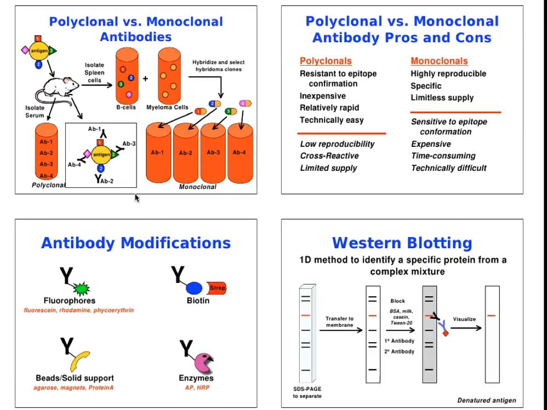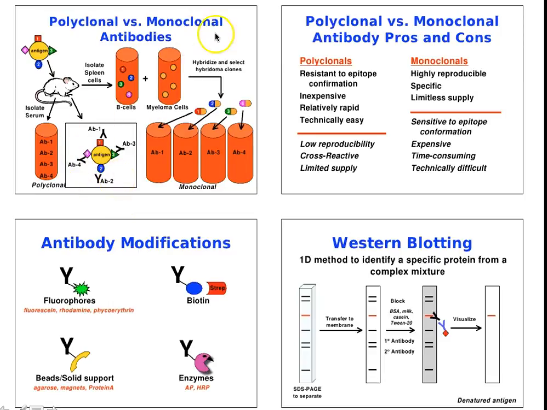They all recognize the same antigen and only that antigen, but they recognize slightly different sequences on it, which means we have more of a chance of recognizing the antigen in the tissue because we've got four different shots at it.